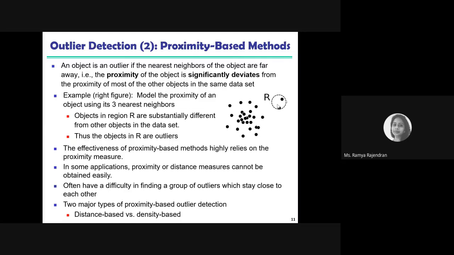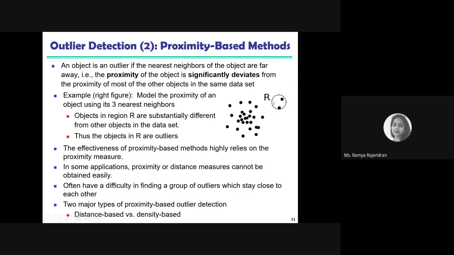Next one is the proximity-based method. It follows the method of nearest neighbors. If the nearest neighbor is very far away, you can consider that particular object an outlier. Here you'll mostly be using a number like three as n. You model the proximity, and if the objects in a particular region are different from the rest of the objects, you can call that an outlier.